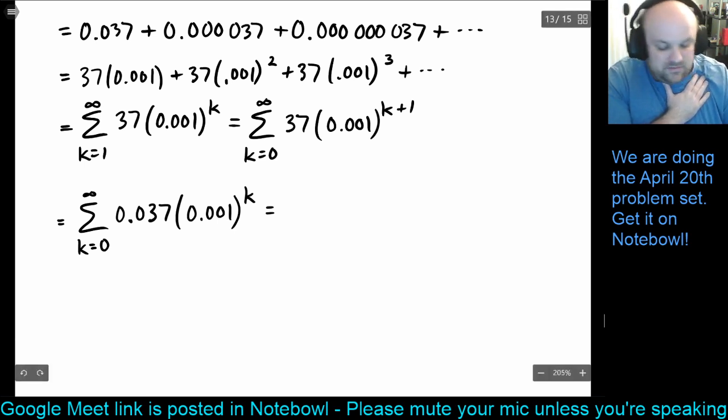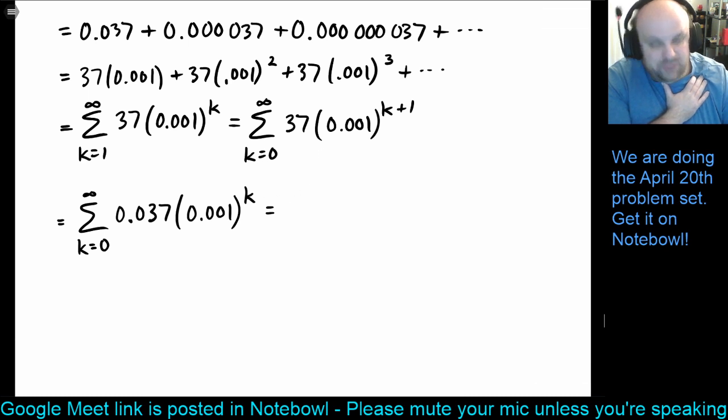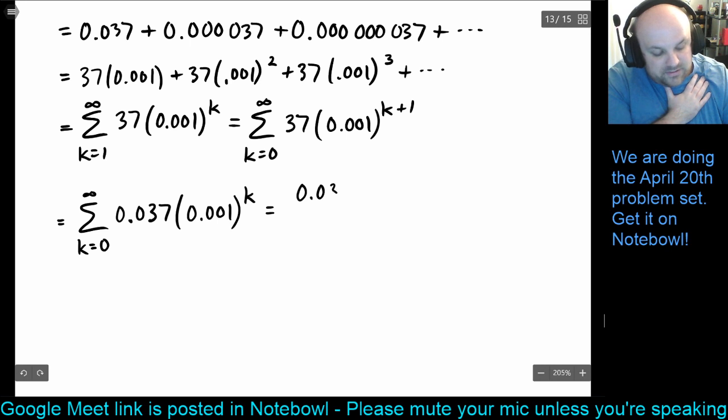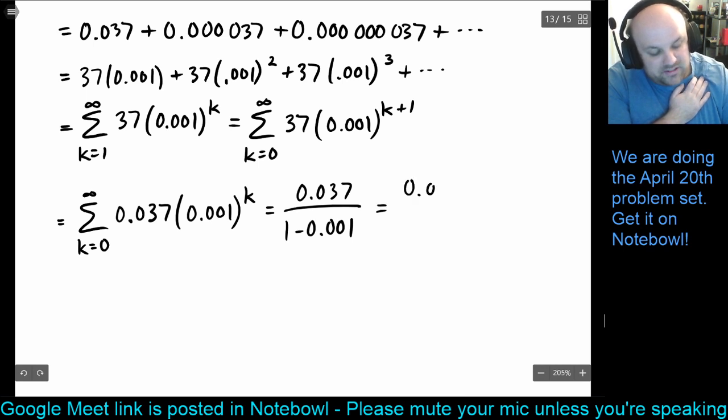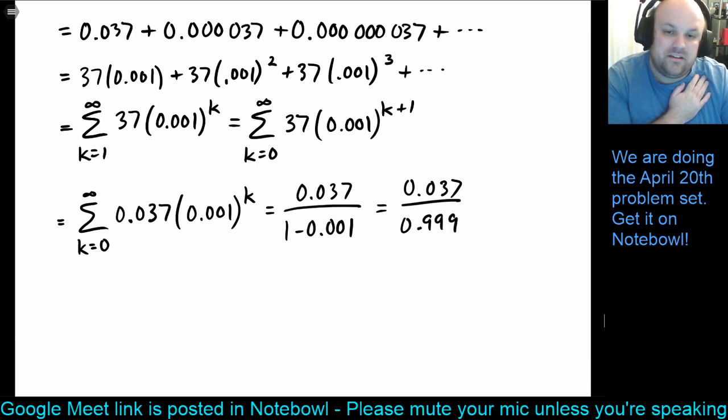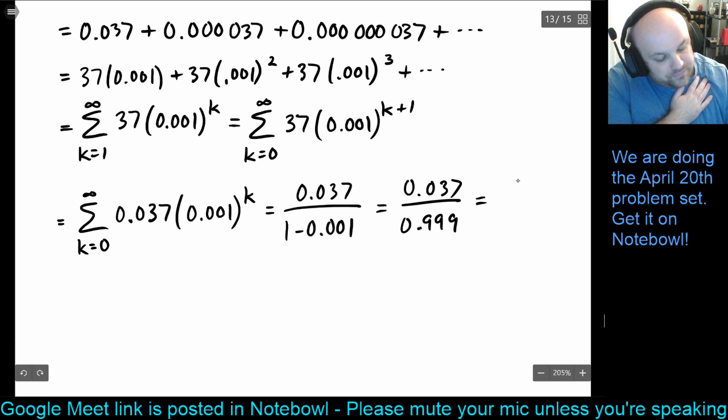And now, just go ahead and use our geometric series. So a over 1 minus r, so 0.037 over 1 minus 0.001. That'll be 0.037 over 0.999. Again, we want to get rid of the decimals, so I'm going to multiply the top and the bottom by 1,000 here, and we'll see that's 37 over 990.